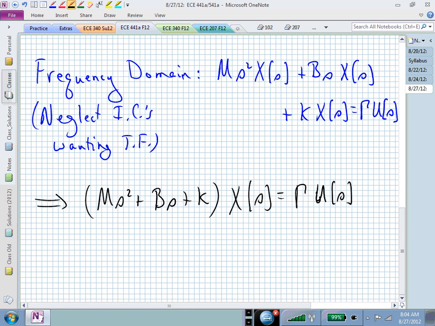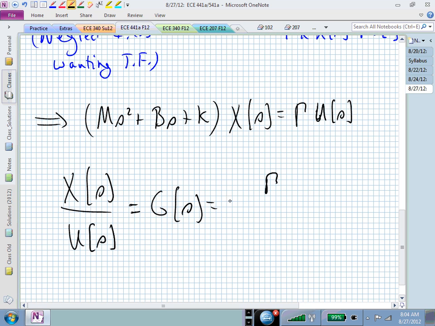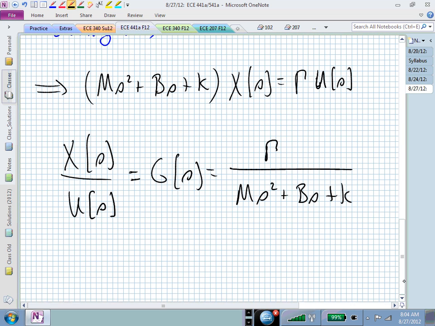And if we solve that for the ratio X of s over U of s, that will give us our transfer function G of s, which is now gamma over m s squared plus b s plus k.